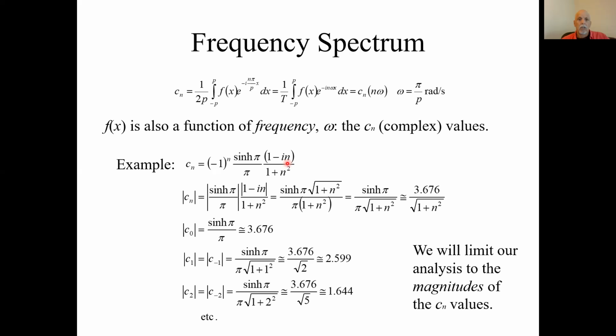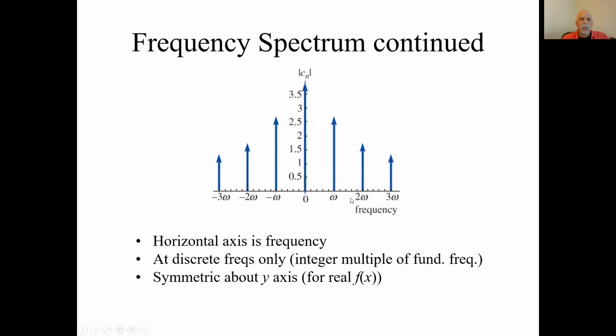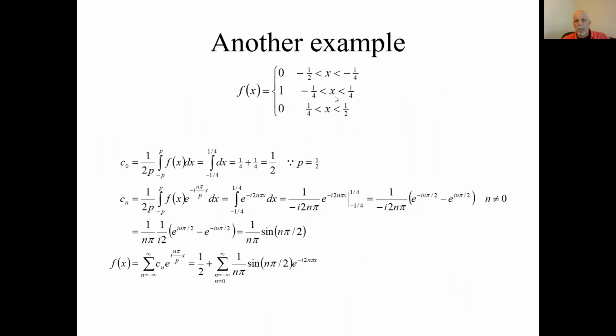And then this complex number, it's the Pythagorean theorem. It will be the square root of 1 squared plus n squared. And the rest is as I did it last time. So let's do another example.